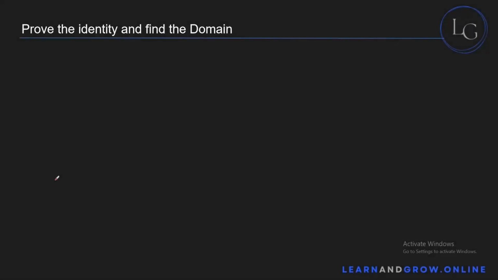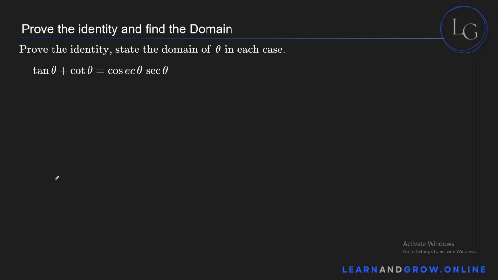Now let's prove the identity and find the domain. So prove the identity and state the domain of theta in each case. Well, the left hand side is tan theta plus cotangent theta.